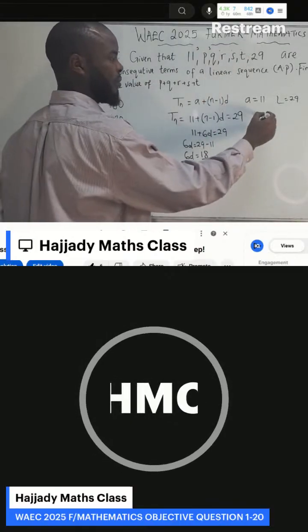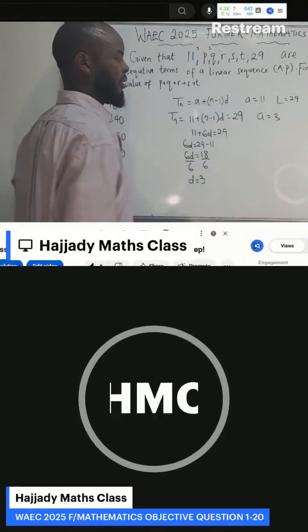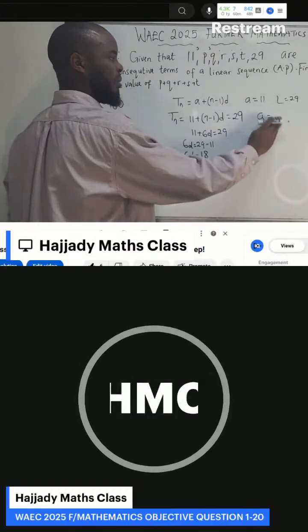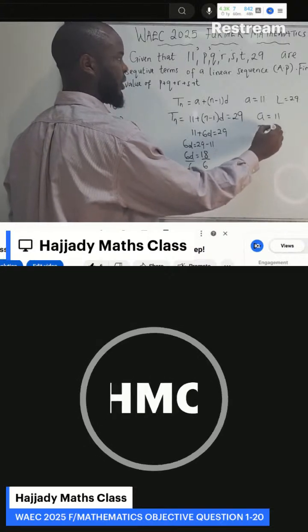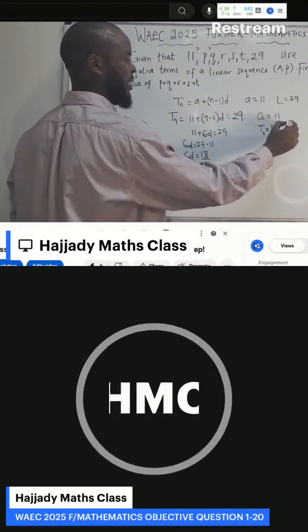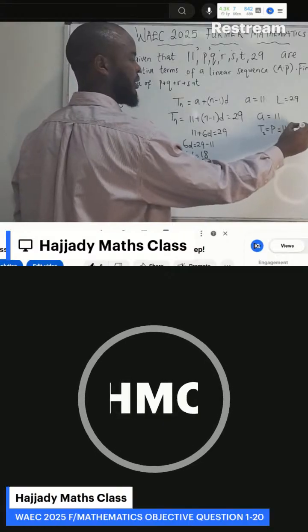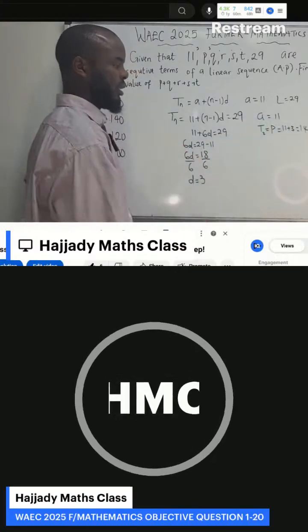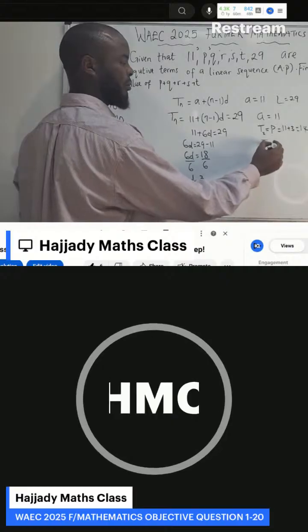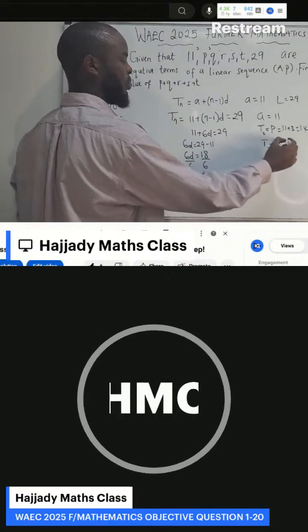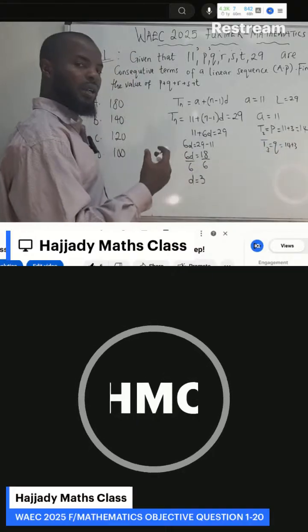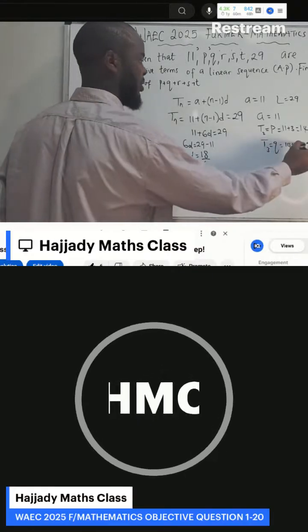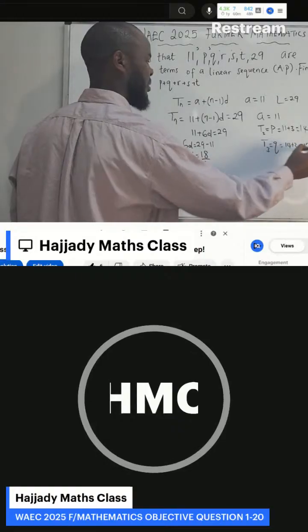If the first term is 11, then our T2, which is the second term and the same thing as P, should be 11 plus 3, which is 14. Our third term, which is Q, should be 14 plus 3, that is the previous term plus the common difference, which is 17.